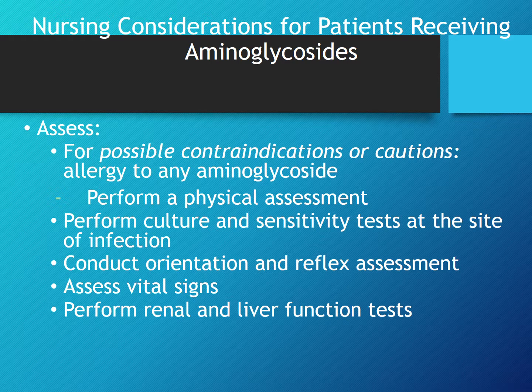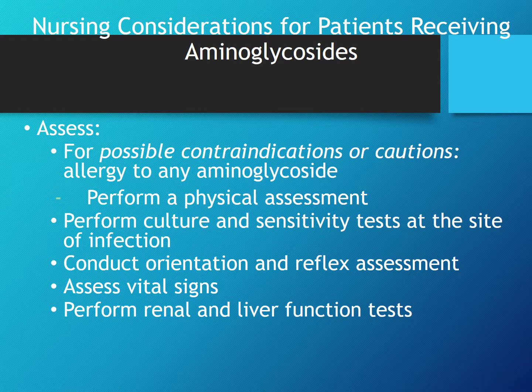We would perform culture and sensitivity tests at the site of infection, to make sure that aminoglycosides are the most appropriate for the pathogen that's involved. We would conduct orientation and reflex assessment, making sure that we're aware of how our patient is functioning as a baseline to compare them to later.